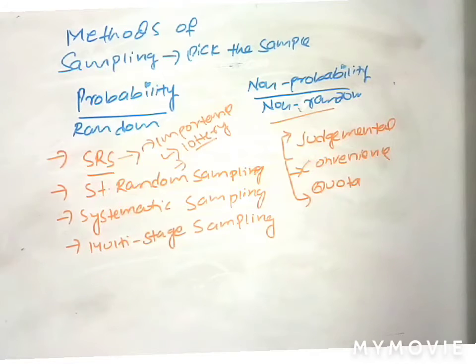That can be part of simple random sampling. So I am choosing respondents randomly without any knowledge of preference, either age, gender, place, or any demographic or other factors. I am just picking blindly. That is simple random sampling.